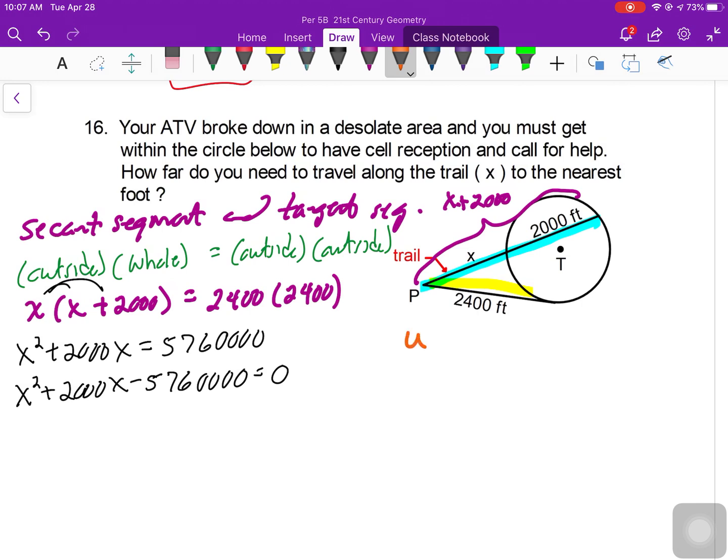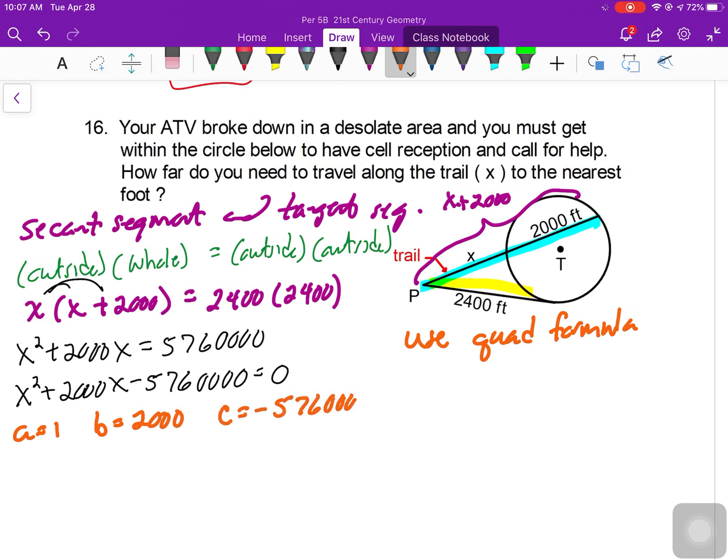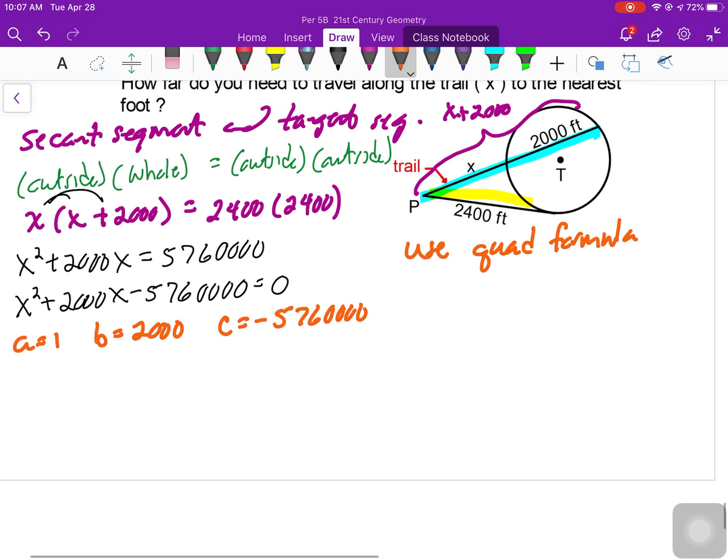Now, I'm pretty sure this one doesn't factor, and in any case, those numbers are huge, so we're going to use the quadratic formula. The a in this problem is 1, the b is 2,000, and the c is negative 5,760,000.